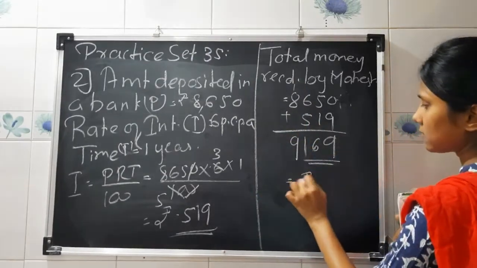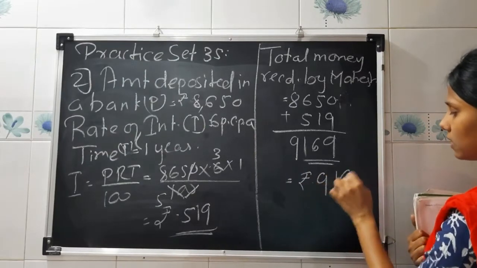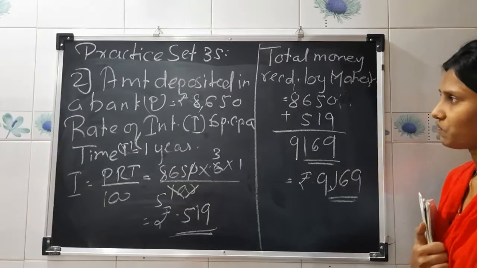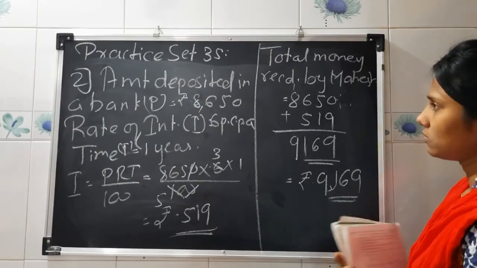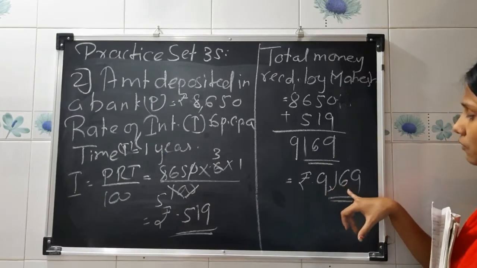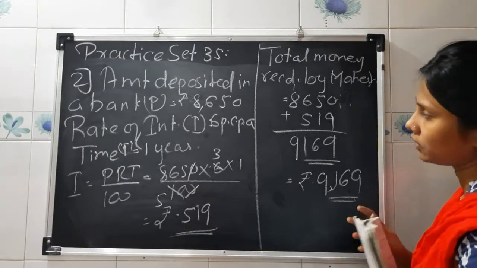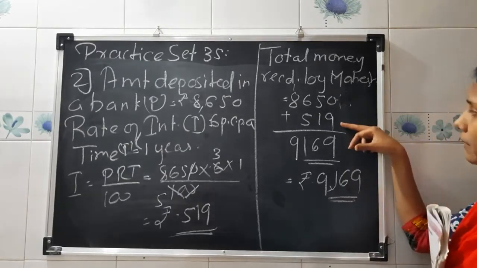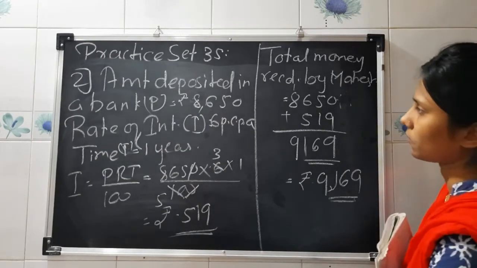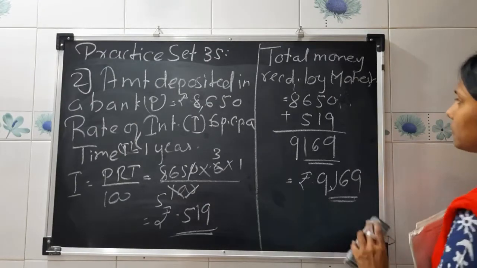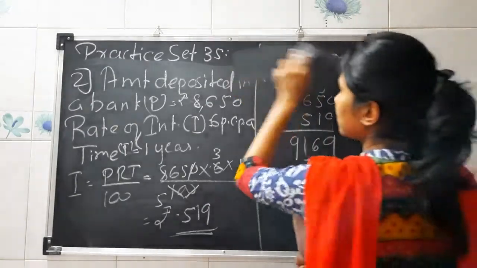So rupees 9,169. Okay. So Mr. Mahesh will receive rupees 9,169 at the end of the year, along with the interest. I hope you might have understood.